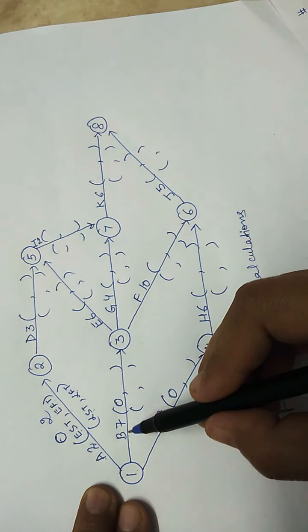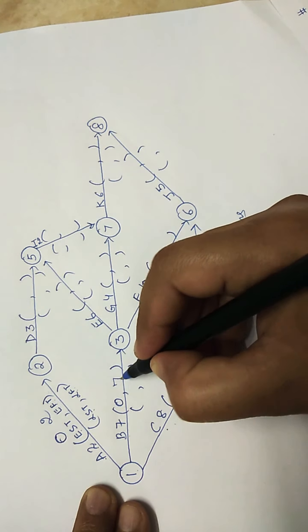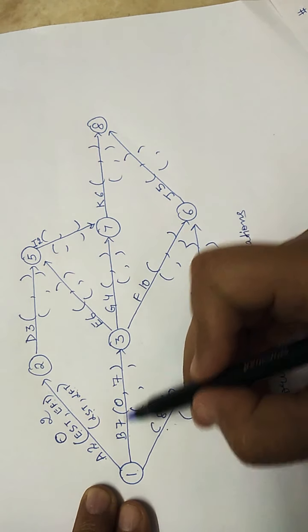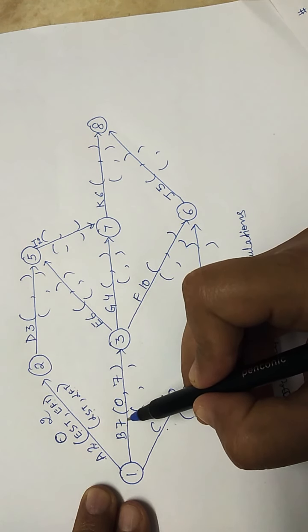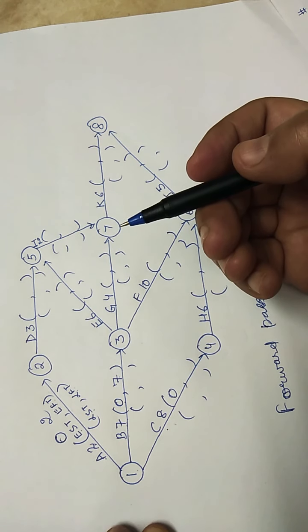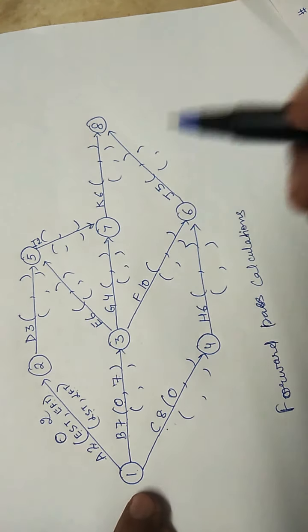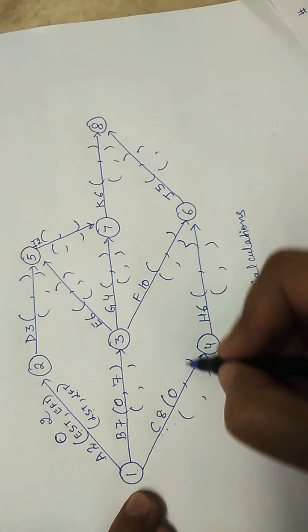Similarly for B, the earliest finish time will be 7, because 0 is the earliest start time and the duration of the activity is 7, so 0 plus 7. For C, earliest finish time will be 0 plus 8, 8.